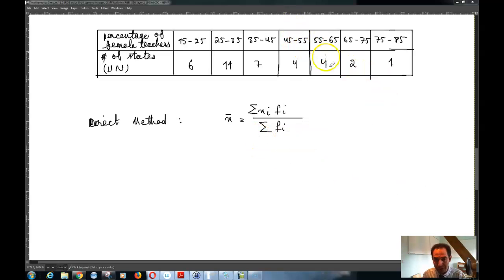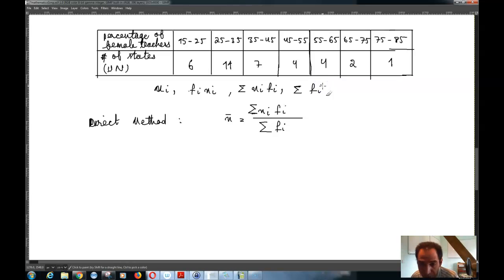So these are the things that we need to add to this table.